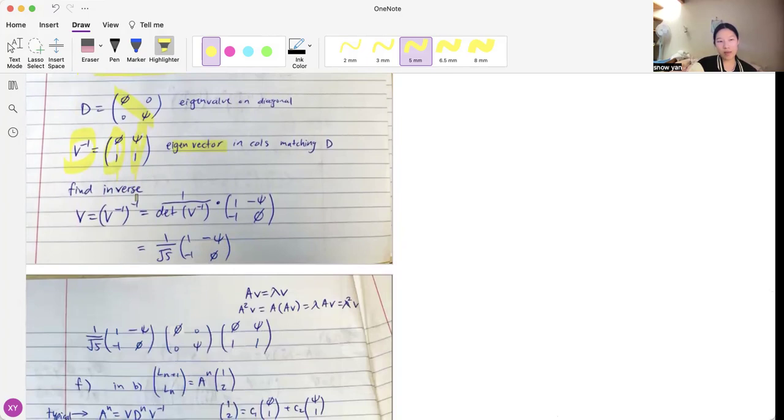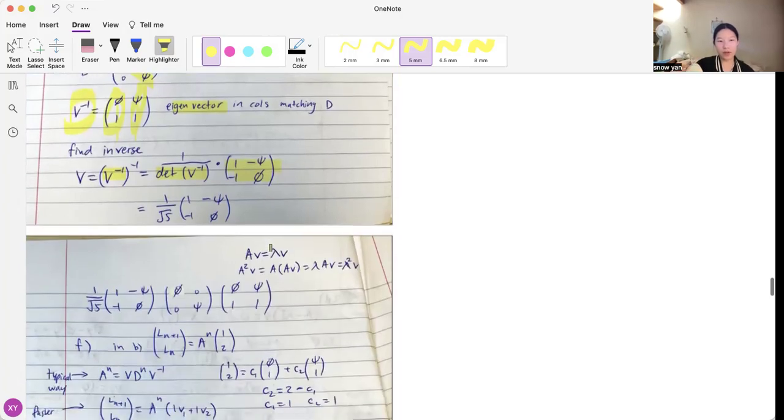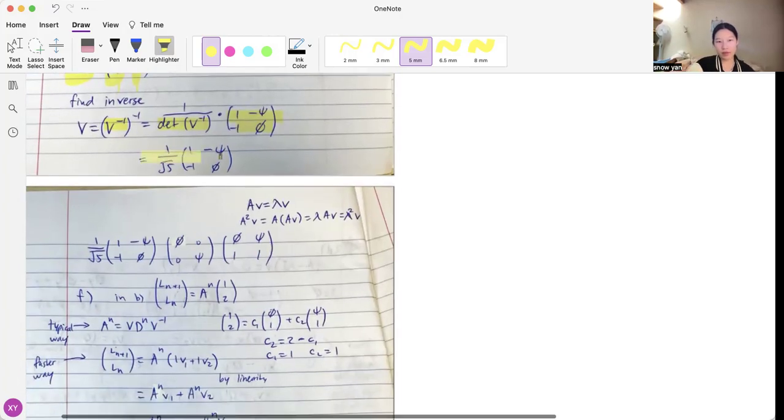And then next, I would try to find the inverse. So V inverse is equal to the inverse of that. I went to find the determinant of this, times the thing over here. I just swapped the entries and then inverted it, and I got this form.